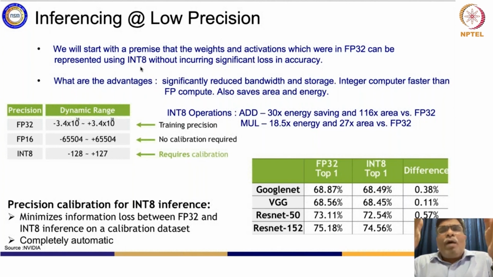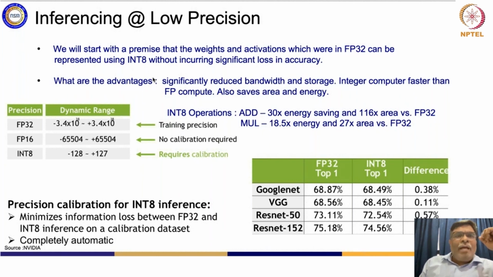Okay, so this is one way of trying to reduce the memory, but it has got its disadvantages. We will see what the disadvantages and advantages are, and how we ensure that the accuracy is maintained. Now, what are the advantages of doing this conversion from FP32 to int 8?